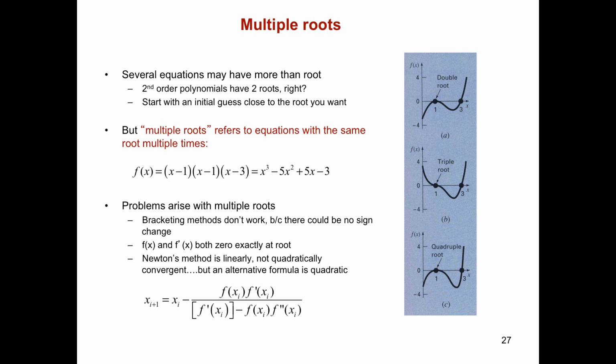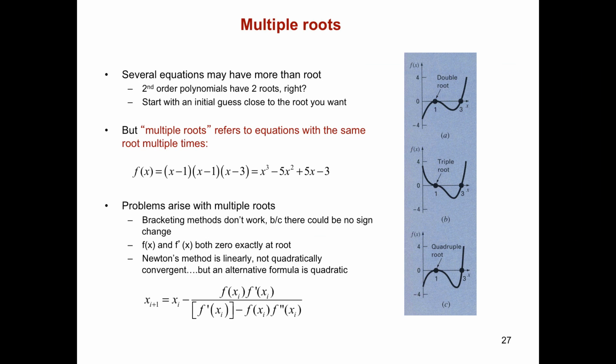The problem in using these methods is that often when you have a double root, it's going to, for instance, be hard to find the bracket, because a double root causes this parabolic behavior. You're both at a root and a local maximum at the same time. So basically f prime at that point will be 0.